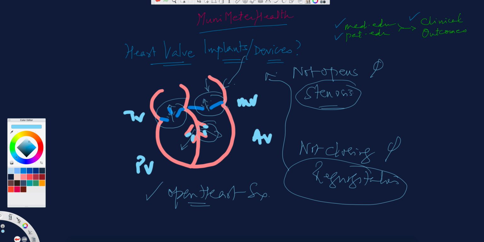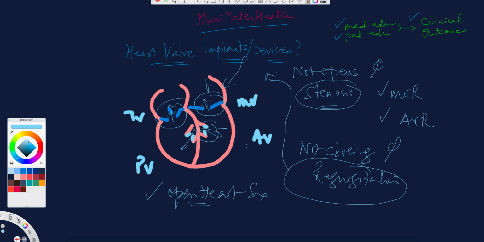Whether it is mitral valve replacement, we call it MVR, or aortic valve replacement, sometimes more than one valve could be involved, 2 or 3. As we know, there are 4 valves in all, which function within the heart to separate one chamber from the other and provide only one directional flow, that is forward flow.